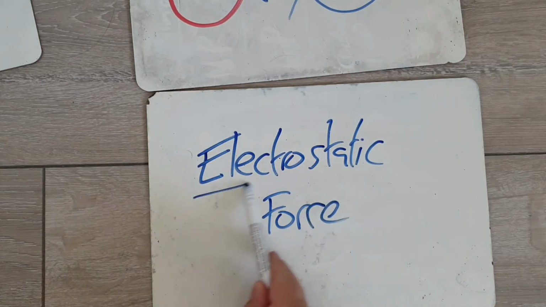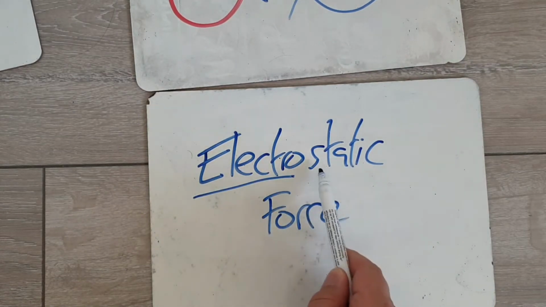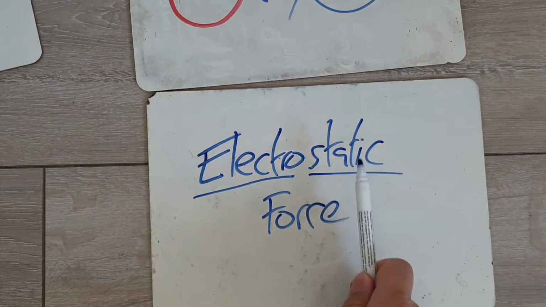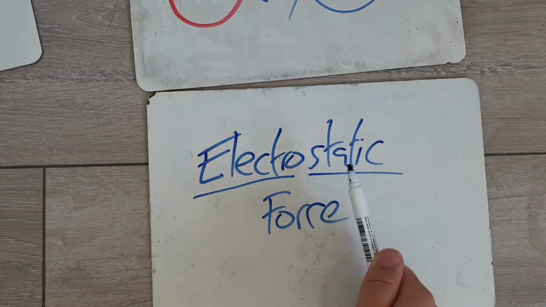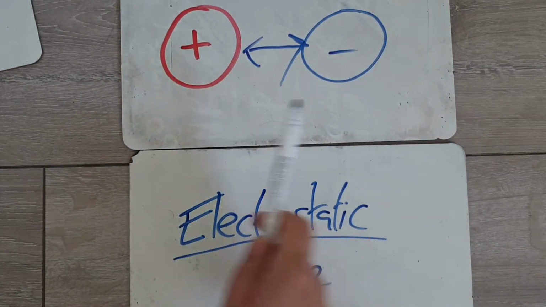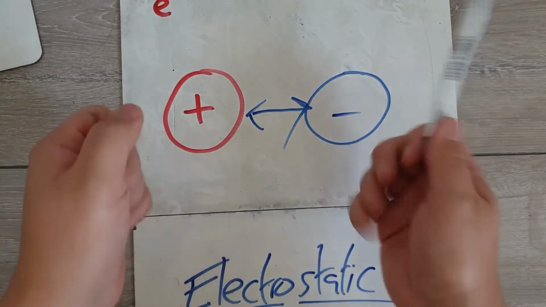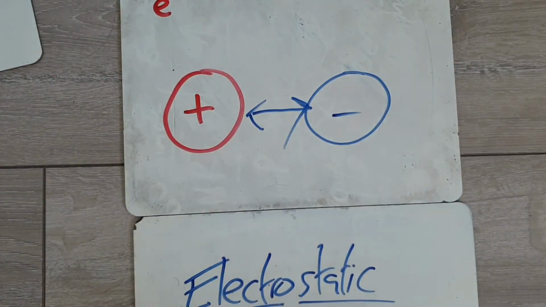Electro, because it's about charges. Static, like a static caravan. Static means, if you're static, you're not moving. So charges that aren't moving, positive and negative charge, the charges stay where they are and they're attracted together.